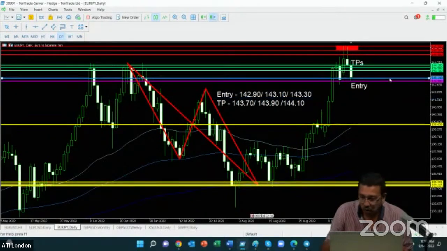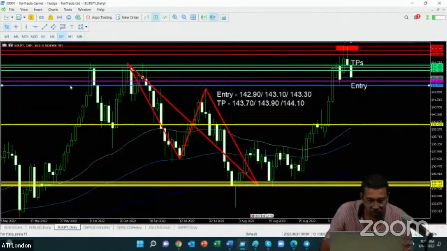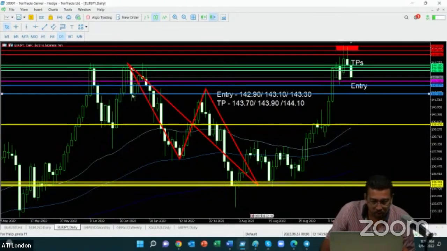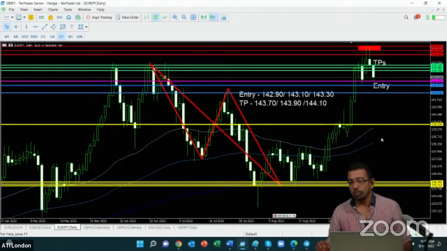So we have got one here, for example, right? And we've got another one, perhaps a little bit higher, based on this mother candle.